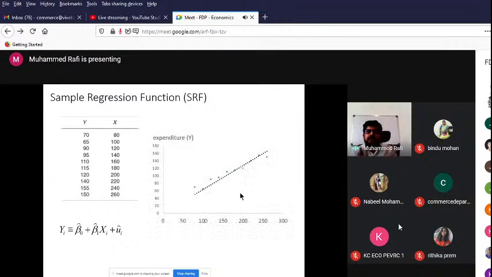Now, if you plot this relationship, you can see that we try to fit a line which passes exactly through the middle of this scatter, which will tell you about the relationship between the dependent and independent variables. The whole point here is that we do not have the population, whereas we have the sample which can represent the population.